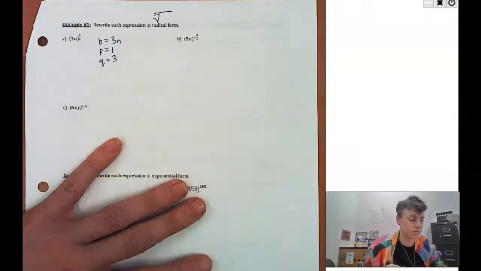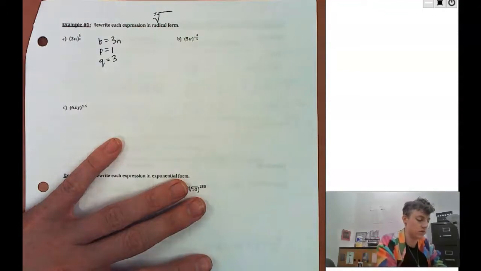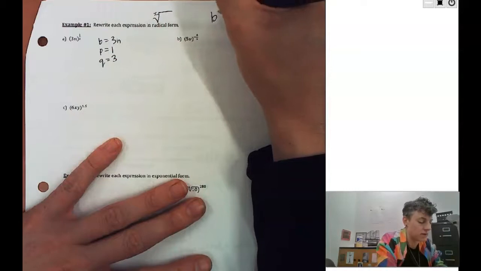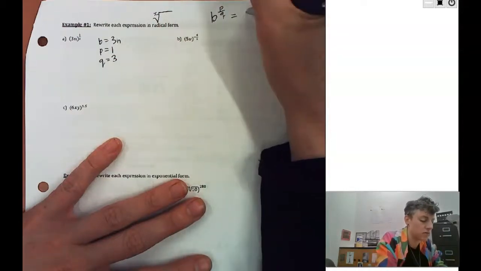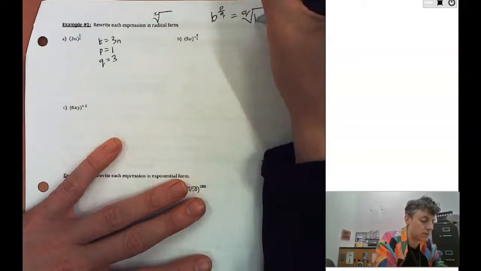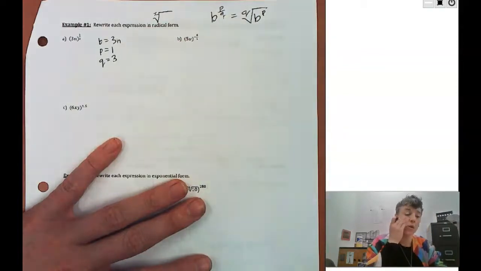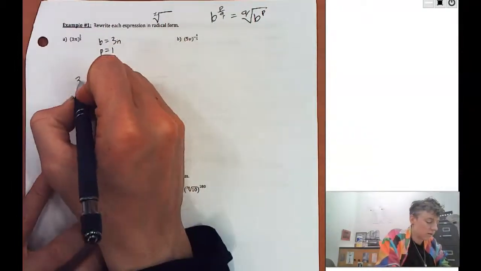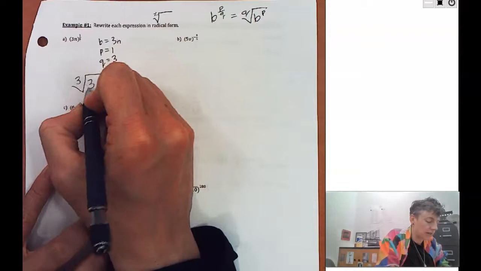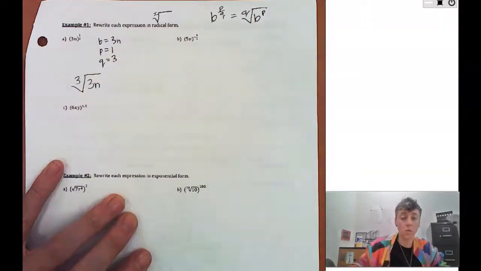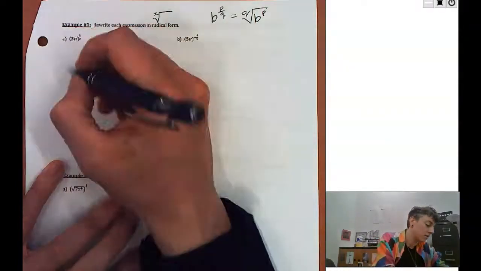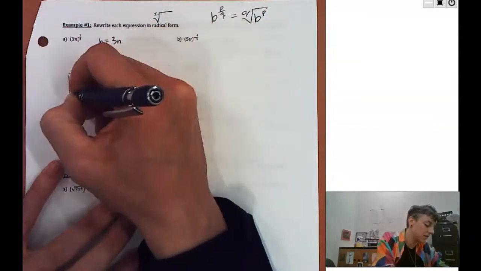Super simple, using the rule that we just talked about, which was b to the p over q equals the qth root of b to the p. Great. So this is going to become the cube root of 3n to the 1. If it's to the first power, do I have to write it? Nah, we good. That's it, my dears. That is it.